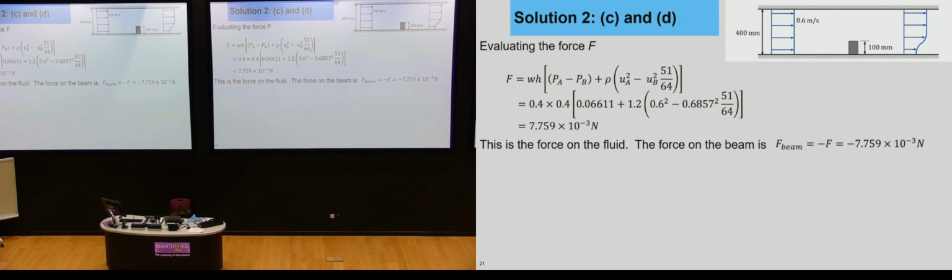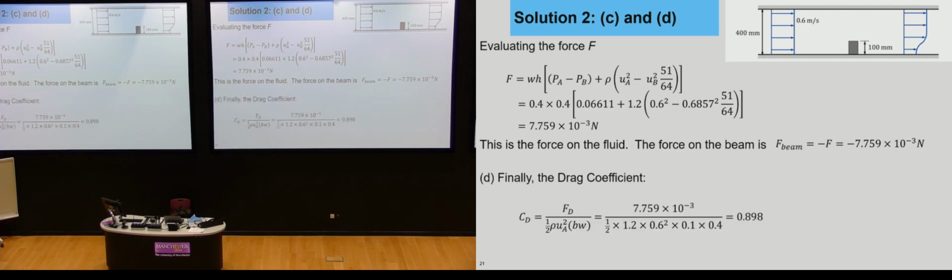But as soon as something says find the force, or find the drag coefficient, which is really a force over a certain quantity, it's asking you to use conservation of momentum. So that momentum principle. So finally, the drag coefficient, which we met last week, the force on the beam over a half rho u squared times the area.